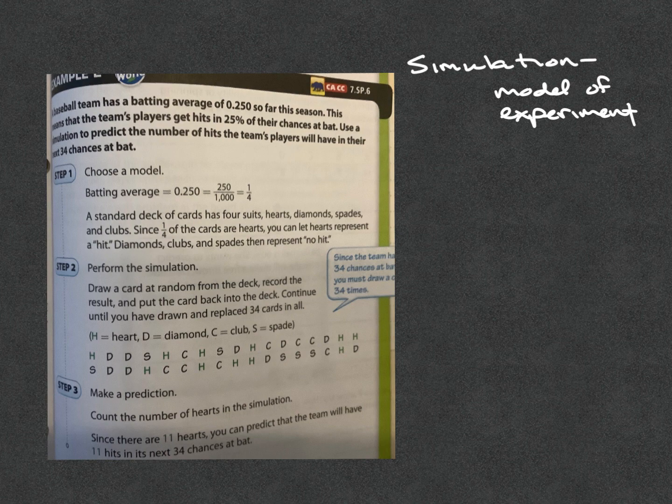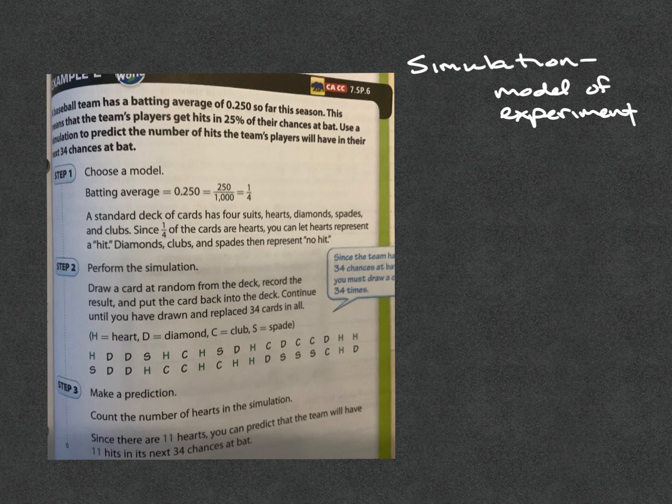You can make a prediction, count the number of hearts in the simulation. There were 11. You can predict that the team will have 11 hits in its next 34 chances at bat. So that's all they mean by a simulation. It's just finding another way to go through an experiment that will give you the chance to run the experiment even though you don't have the tools necessary to do the actual experiment.